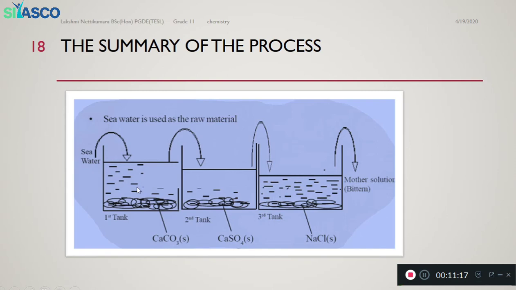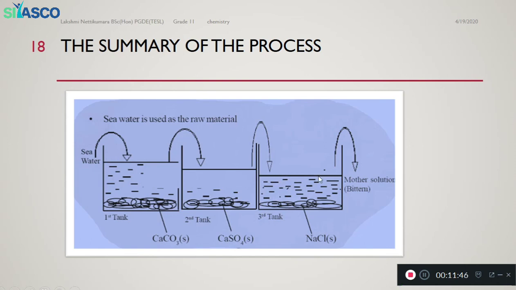Now we'll see the summary. 3 tanks. First tank, larger, shallow. When we put in seawater, when the concentration doubles, calcium carbonate is deposited. Then remove the water to the second tank, a medium-sized tank. There when the concentration comes to 4 times, calcium sulfate starts to deposit. The remaining portion flows to the third tank.